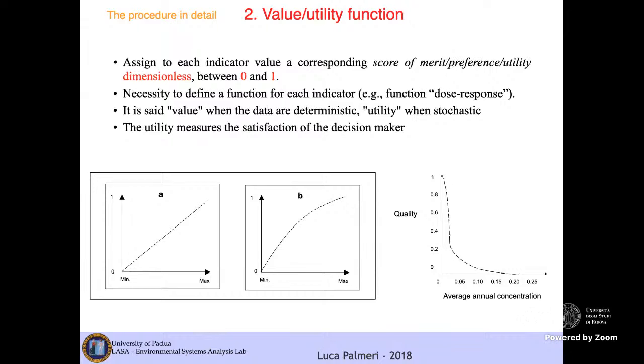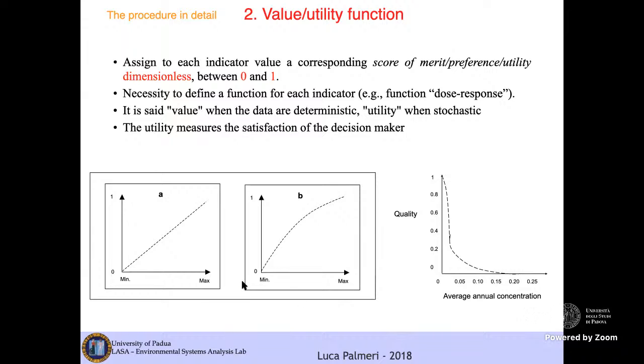A typical example is the dose response function that you employ in ecotoxicology evaluation in order to evaluate if an exposition to a certain toxicant event is lethal or not. It is said value when the data are deterministic, and it is said utility when the data are stochastic. The utility measures the satisfaction of the decision maker.